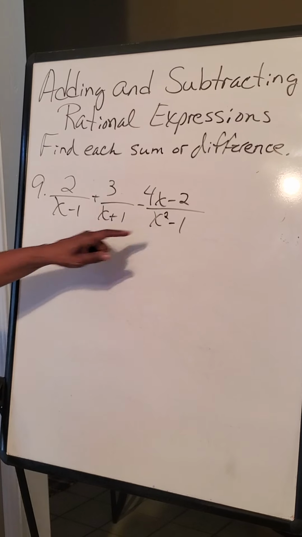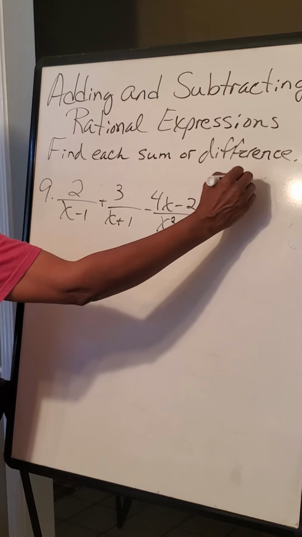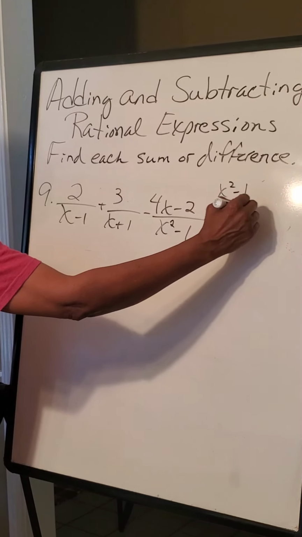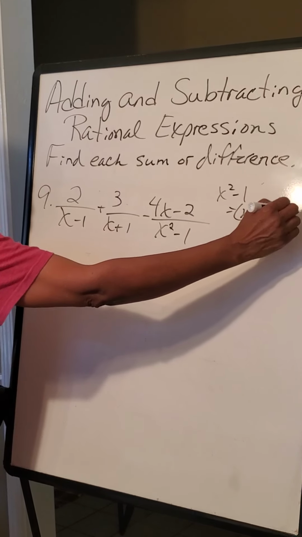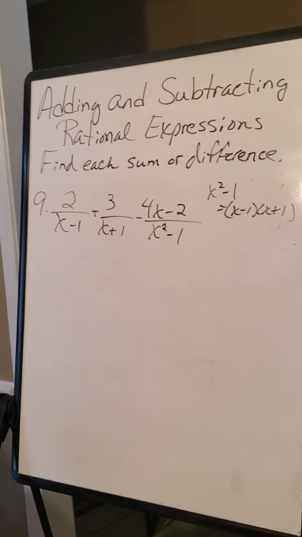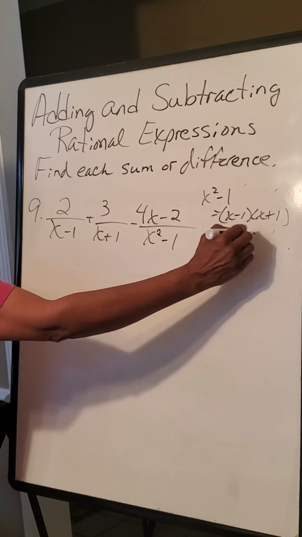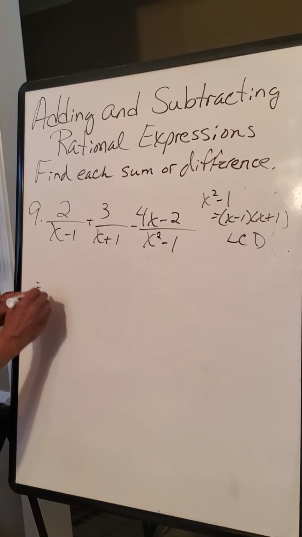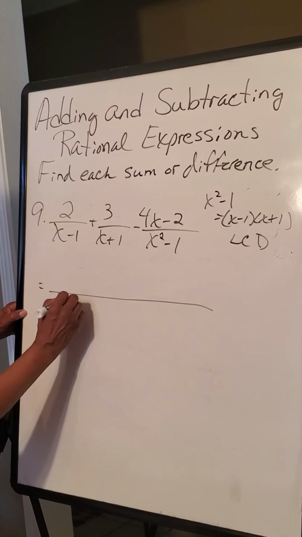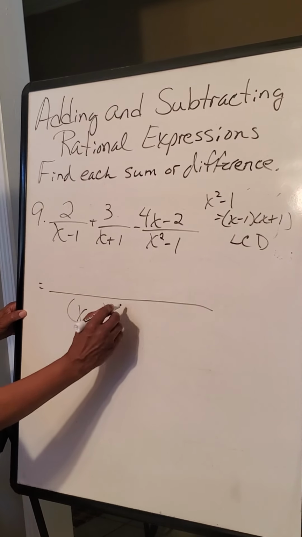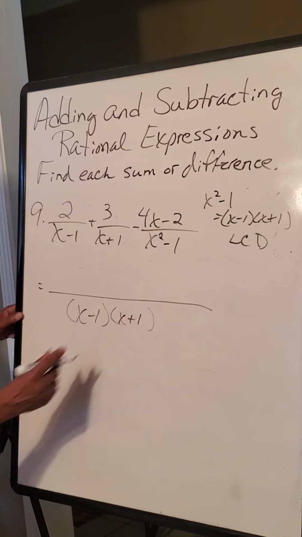Well, let's look at this x squared minus 1. Remember, it's the difference of two squares. So that means my LCD, I have an x minus 1 here, an x plus 1 here. So this is my LCD for this particular problem. So my least common denominator is the binomial x minus 1 times the binomial x plus 1.